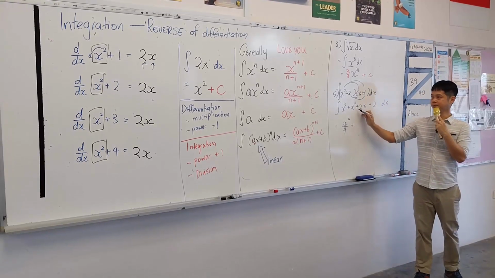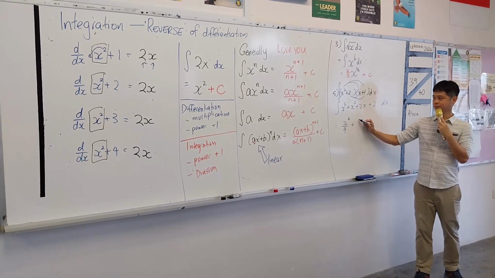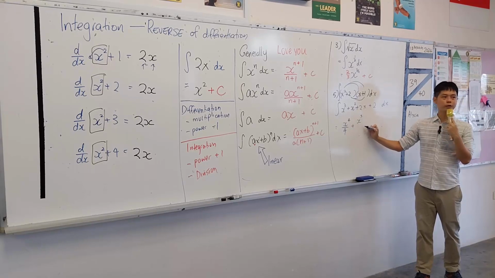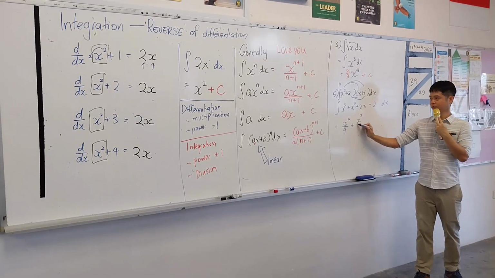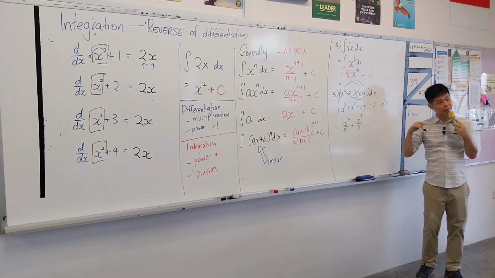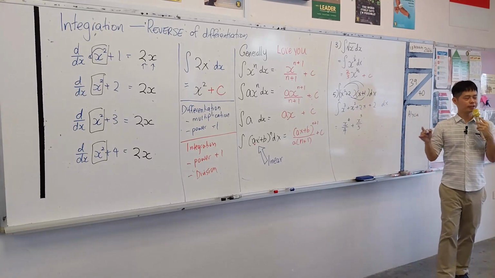Okay, then the other one. Add 1 to the power. Divide by the new power. Please say this out all the time. Divide by the new power. The important word is new power. The new one.